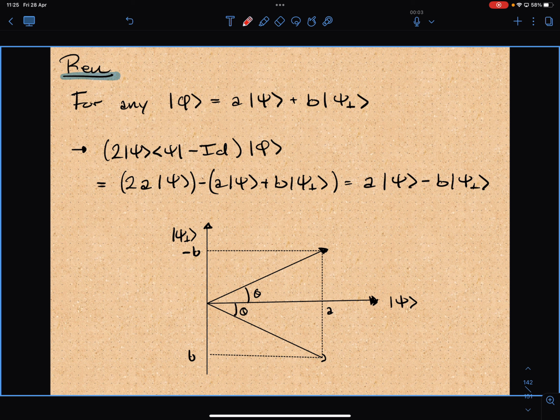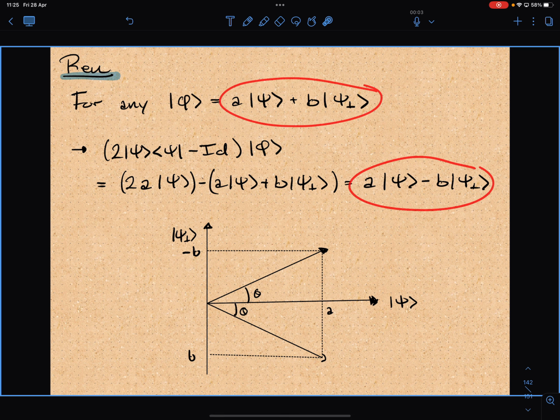So for any element phi, I can write it as a linear combination of psi and a vector that's perpendicular to psi, with some coefficients a and b whose modulus squared add up to 1. And it's the same computations you did in your notebooks: the action of this operator is going to send (a, b) to (a, minus b).